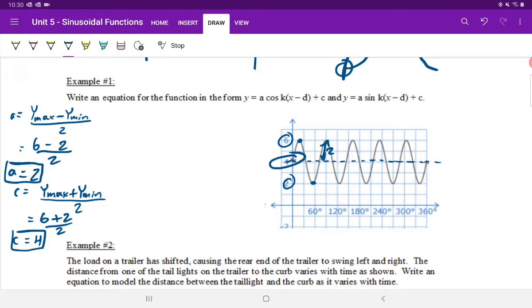Lastly, let's find our period. Okay, so I'm just going to clean up what's here right now so I can see a little bit better. Let's find our period, and then from there we're going to find K. So your period is the horizontal distance for one full cycle, right? So let's see, if I'm starting here on my equation of axis, one full cycle is right there. Okay, do you see that?